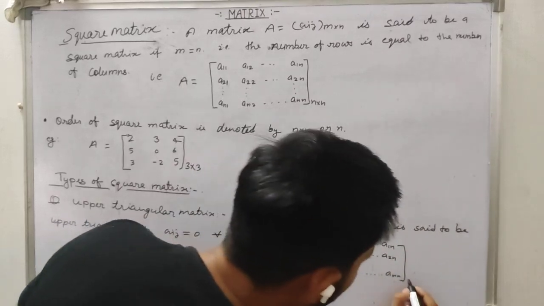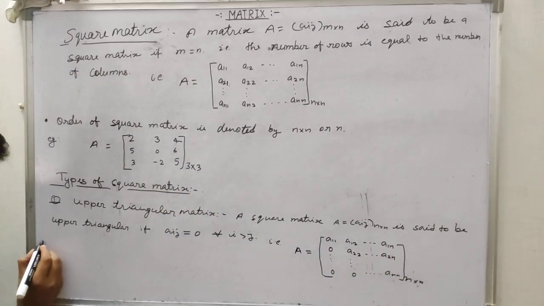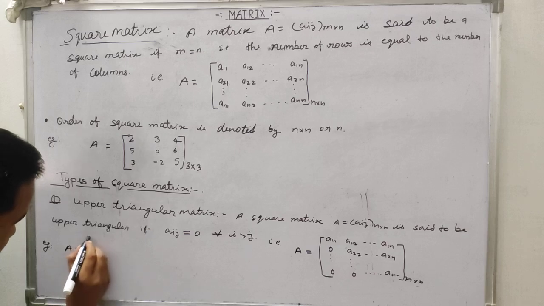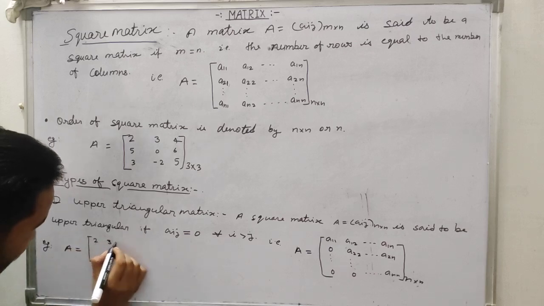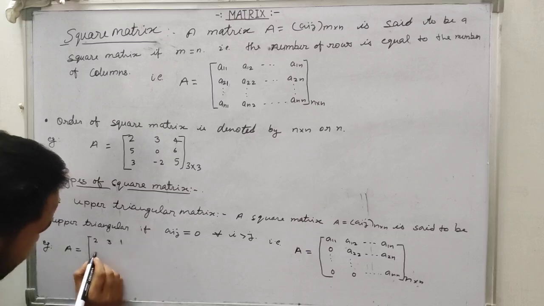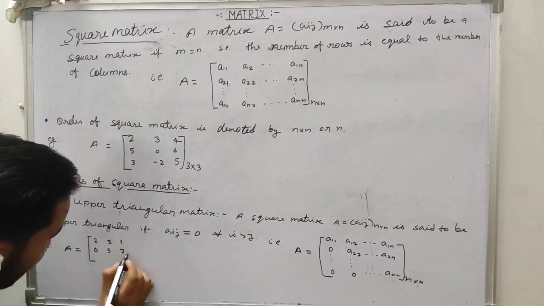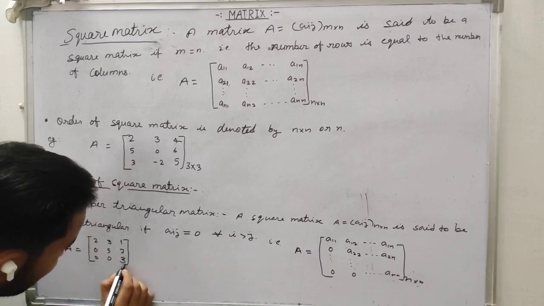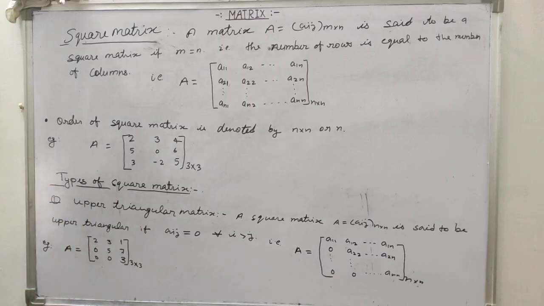This is upper triangular. Example: A is equal to 2 3 1, 0 5 7, 0 0 3. This is a 3 cross 3 upper triangular matrix.